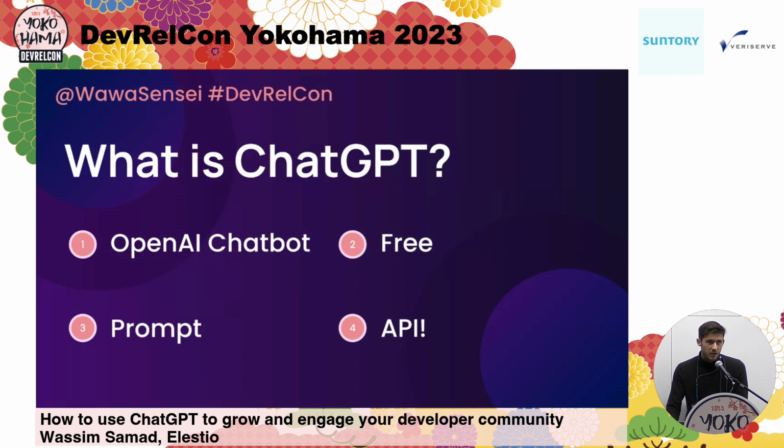It is currently free, so it's a great opportunity to use it, even if there are premium options. It's all about the prompt, which means to use it, you need to feed it with data and information. Based on the prompt you give it, you will get different levels of quality in the answers, and there are even jobs appearing, which are prompt engineers.